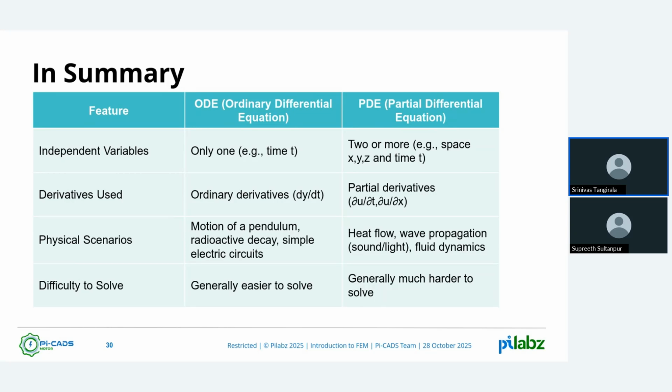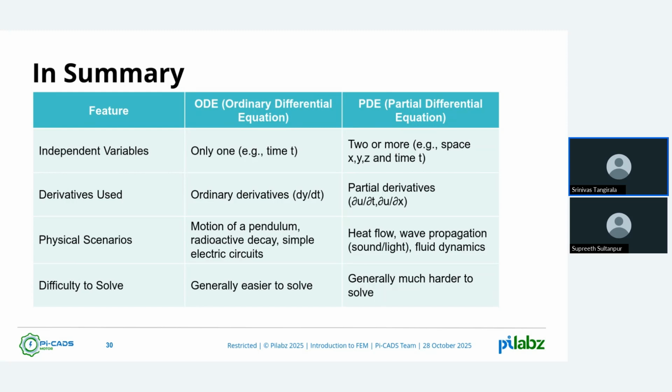Okay. So in summary, what we are saying is FEM involves differential equations, and there are two types: ordinary differential equations and partial differential equations. Ordinary differential equations have only one independent variable, for example time, or it could be the x, y, or z dimension, one dimension.